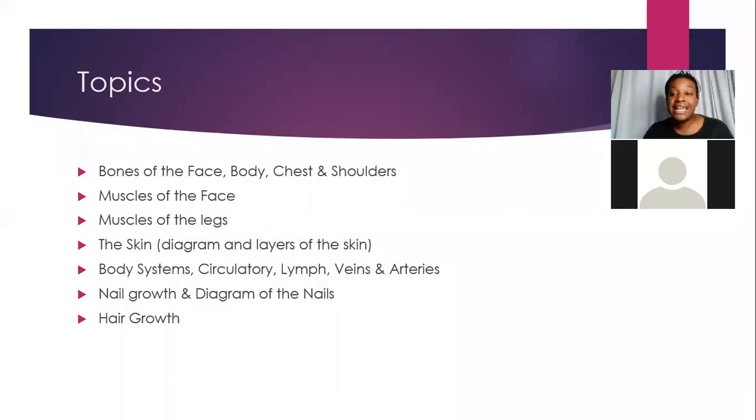We've got the skin, including the diagram of the skin and the layers of the skin. We're going to go through the body systems, which are the circulatory system, the lymph system. We're going to go through veins and arteries of the arms and legs. We're also going to be going through the nail growth and the diagram of the nails, and also the diagram of the hair growth as well, and the growth stages.